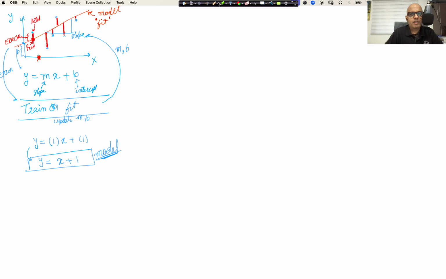The reason is that we can use this model to find values of y for any value of x that is not present in the original data set. For example, let's say we have a value of x somewhere right here.